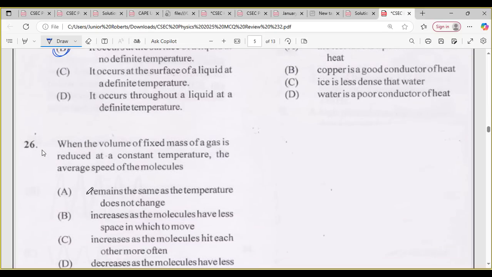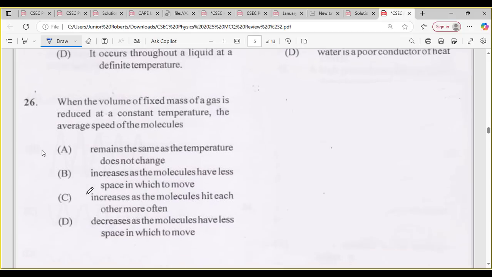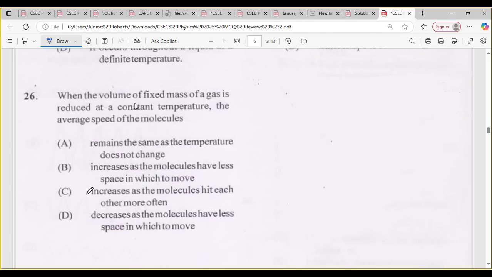Now, next question says, when the volume of a fixed mass of gas is reduced at constant temperature, the average speed of the molecules. All right, so we reduce the volume at constant temperature. So we want to know what's going to happen to the average speed. Now again, temperature is a measure of the average kinetic energy.